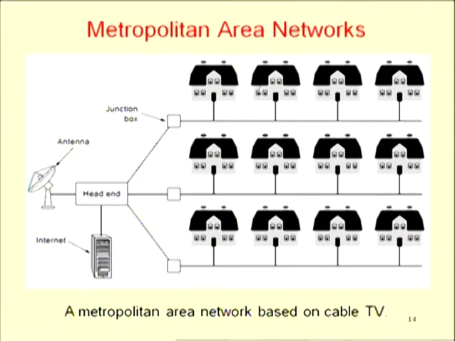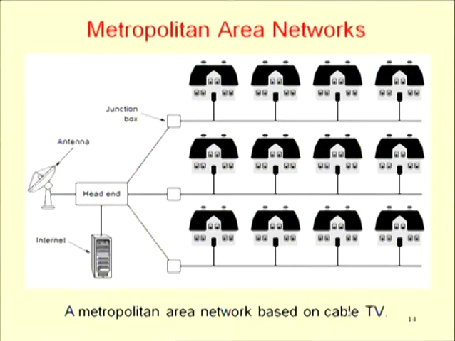So you can see all the houses are connected with a head end and internet. Basically this is a metropolitan area network based on a cable TV. If you want a better example of a metropolitan area network, then cable networks are a very good example.